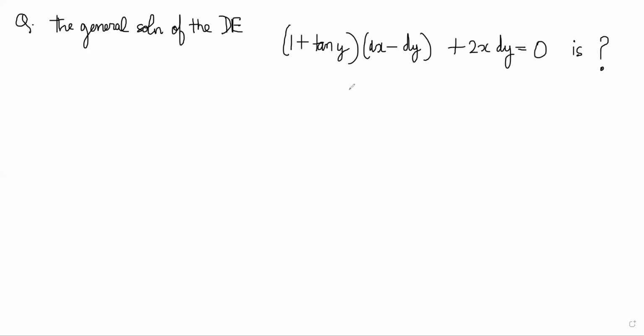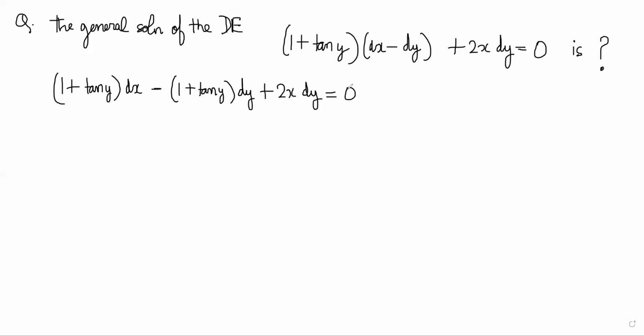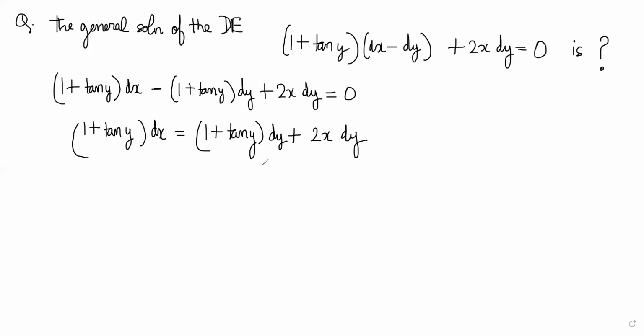What are you trying? You should split everything. Minus (1 plus tan y) dy plus 2x dy is equal to 0. And take all the dy's on this side. So you'll have (1 plus tan y) dx is equal to (1 plus tan y) dy plus 2x dy.